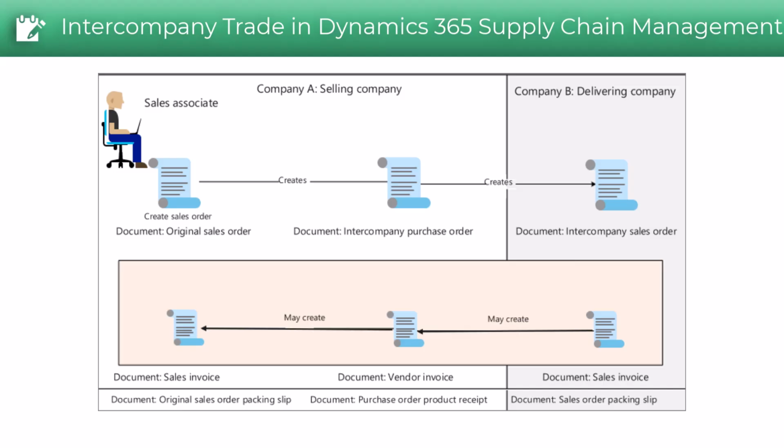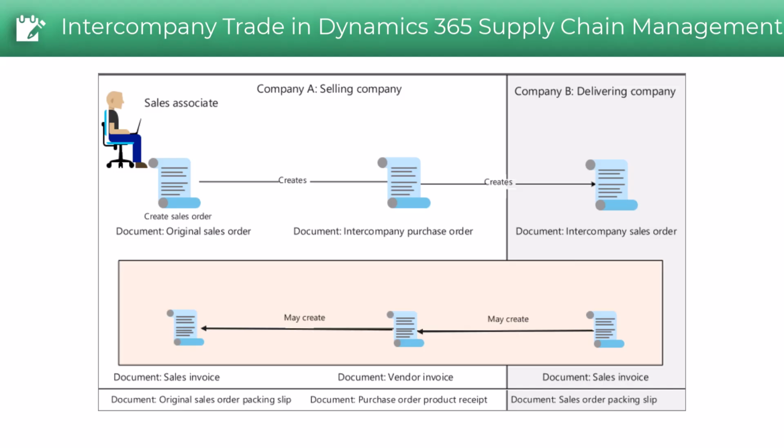Within this process, there are several invoices also involved. Finally, the system also takes care of invoicing. Company B issues a sales invoice to company A, and company A records a vendor invoice for its purchase.